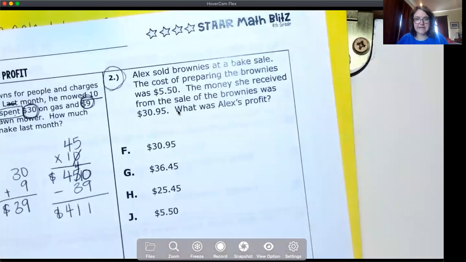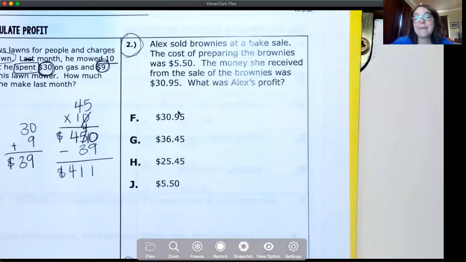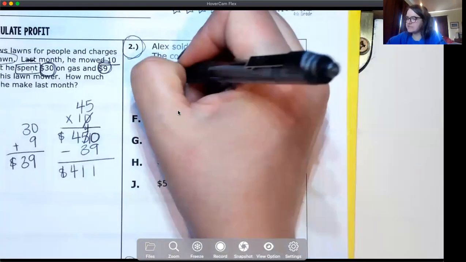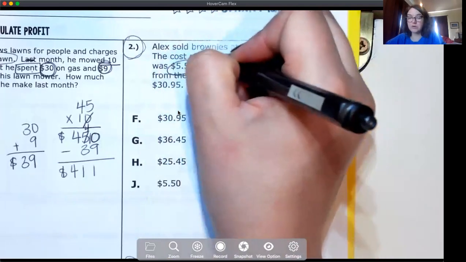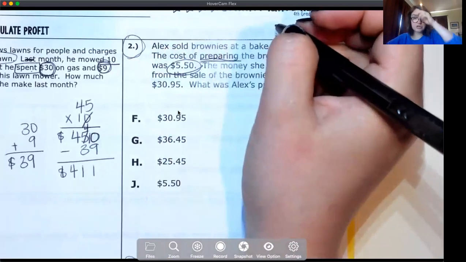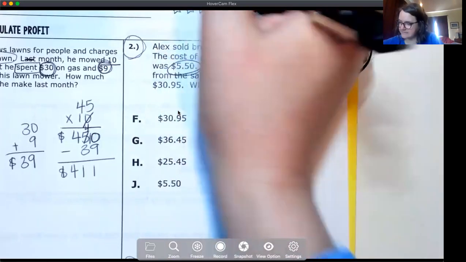Let's look at Alex now. Alex sold brownies at a bake sale. The cost of preparing the brownies was $5.50. Now remember, the cost of preparing would be before. So this is going to be his expenses.